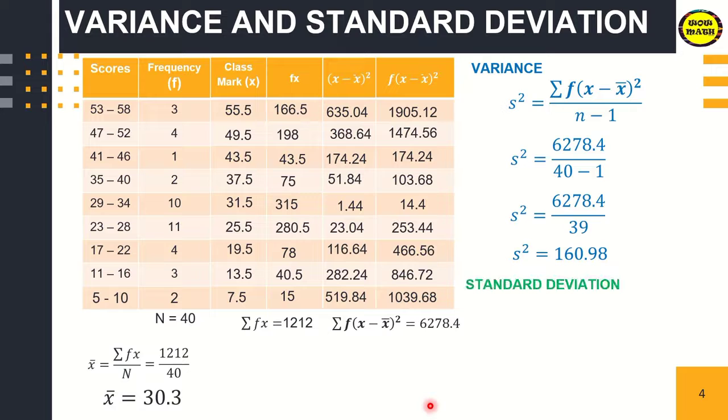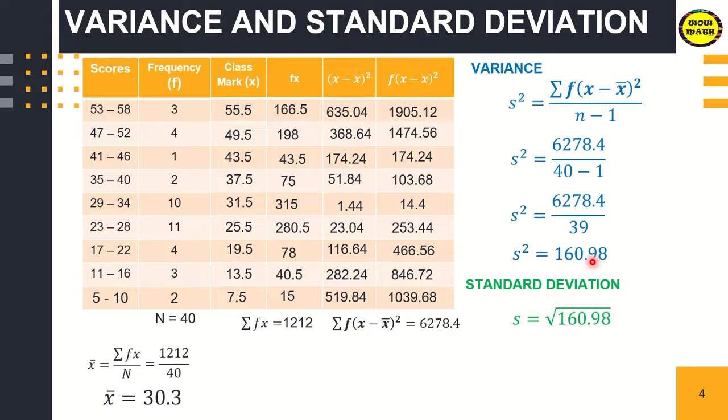So kunin natin yung standard deviation nyo. So i-square root lang natin yung nakuha natin dito, or pwede nyo i-direct using calculator. But para hindi masyadong confusing, so ito nang gamitin natin. So yung nakuha natin sa variance nyo.